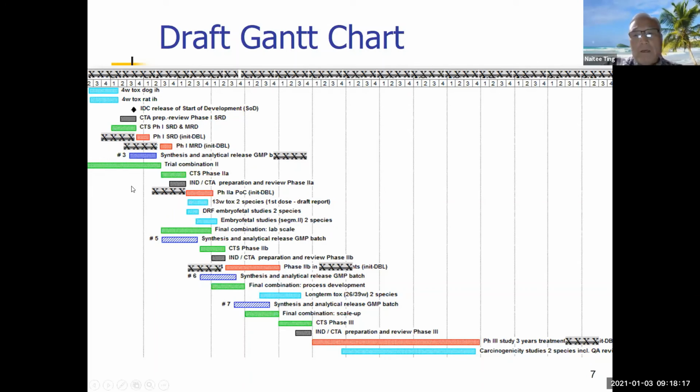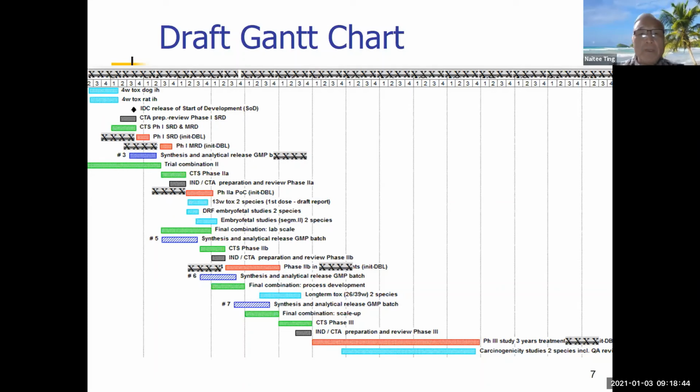Now, the differences among these 3 phases, phase 1, phase 2, phase 3, let me try to describe it from a helicopter view, all right? As to the grand scheme of things, why do we have to divide the clinical development into phase 1, phase 2, phase 3, phase 4?